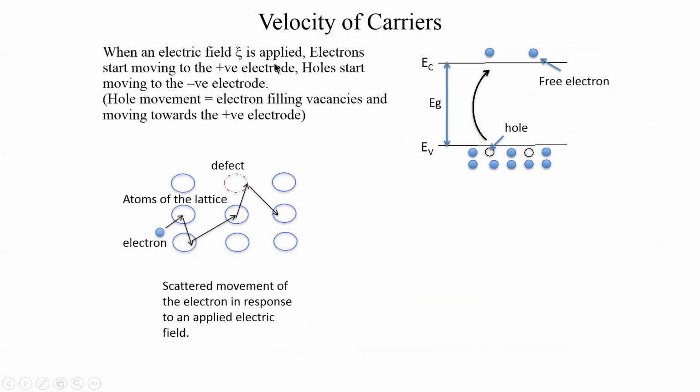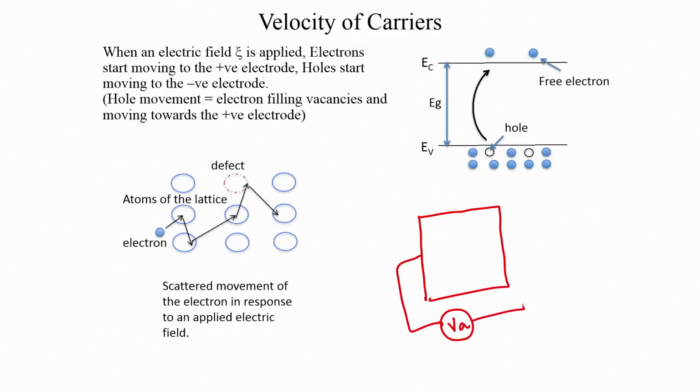So, let us now start to look at the impact of applying an external voltage on the electrons in a crystalline semiconductor. Let us say we have a semiconductor crystal and we attach a battery across it.